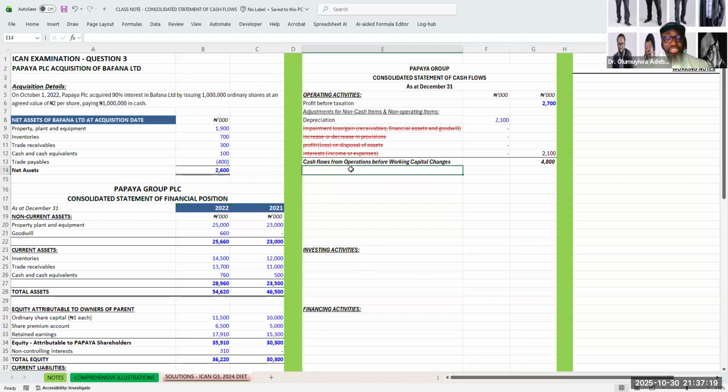Now, the next thing is to account for my changes in working capital.